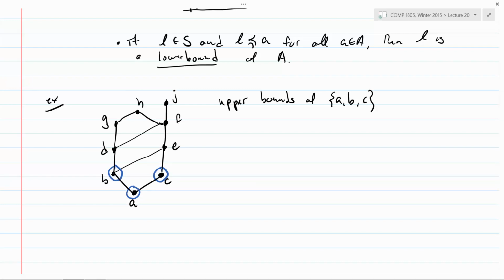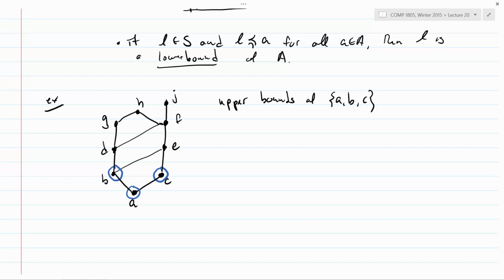What are all the things that are bigger than everything in that set? Is D an upper bound of this set? No, so why not? I can't get from C to D. C and D are incomparable, so D can't be an upper bound for a set involving C.